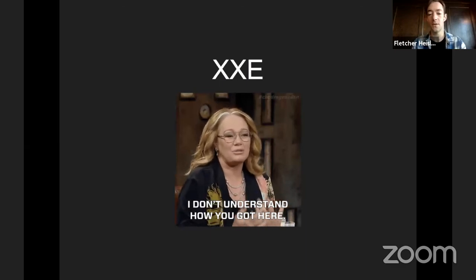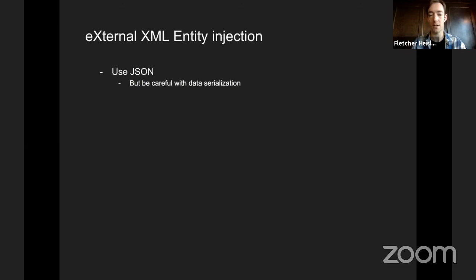XXE. So this is a new one when it comes to the latest OWASP Top 10 categories. This is XML external entity injection. And from the apps that we work with most often, we're seeing JSON rather than XML. You don't always have that luxury of not using XML, but ideally that's a good way to go when possible.